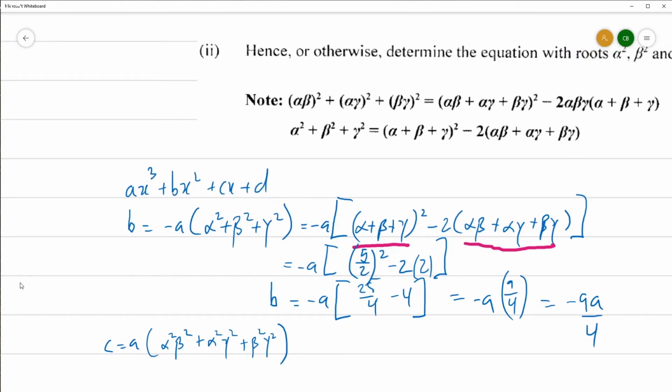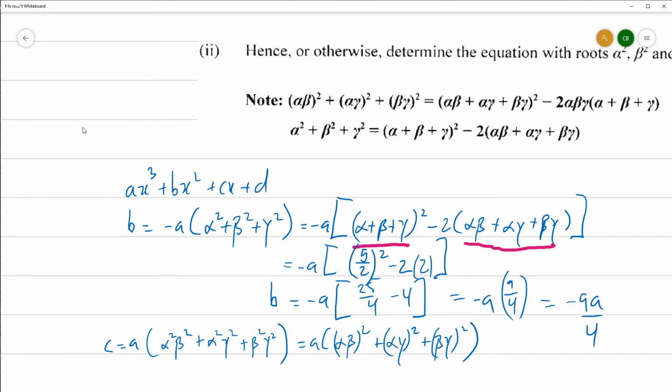Of course, you could rewrite this as a times alpha beta, all to be squared, plus alpha gamma, all to be squared, plus beta gamma, all to be squared. So thankfully, they gave us an expression for the expansion of it, which is given by this expression.